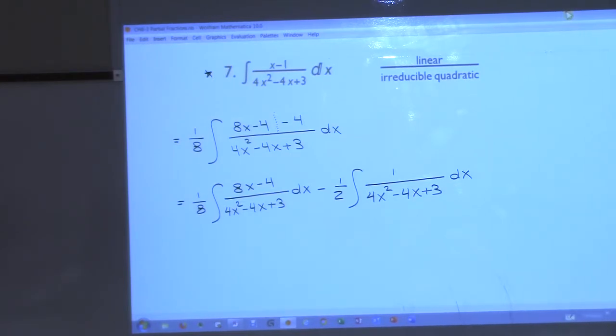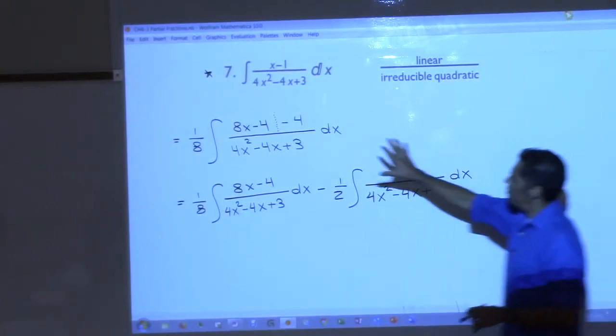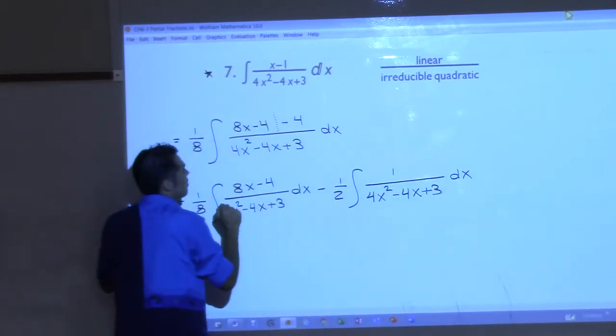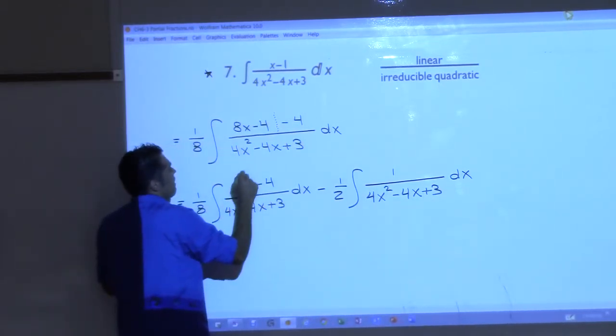So why didn't I just plug in the u and the du and put the -4 by the du, which is going to be -4 u to the power -1 du? You're saying back at this step right here. Yeah. Why didn't we just write this as u and du?